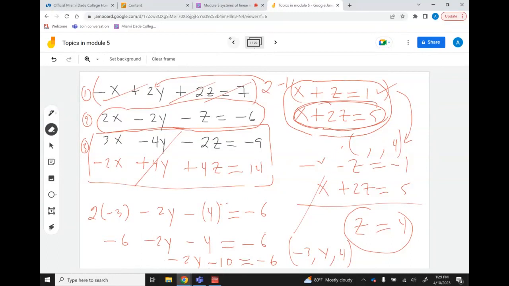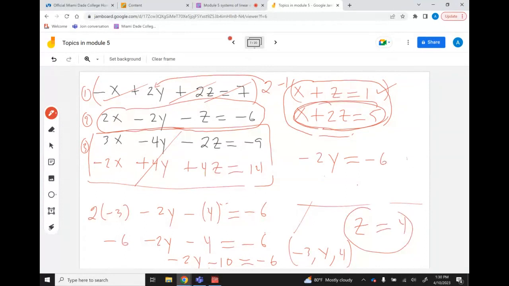Now I can erase this stuff that I don't need so that I can fit in my answer. I have this -10, I'm going to move it over. If I move -10 to the other side, it becomes positive. -6 plus 10 is 4. Divide by -2. So my y is -2.